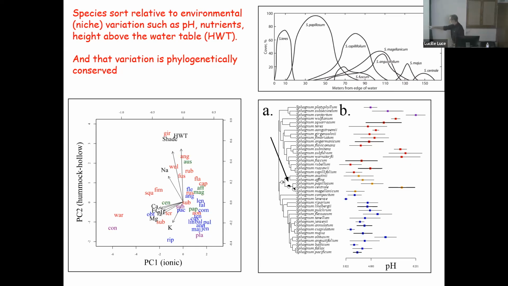And then in the bottom right, a student of mine was studying pH variation in terms of the niche of these species and superimposing that on a phylogenetic hypothesis, and demonstrated that not only are species distinct, but the similarities and differences are phylogenetically conserved. That it even runs in deep phylogenetic traits within the genus Sphagnum.